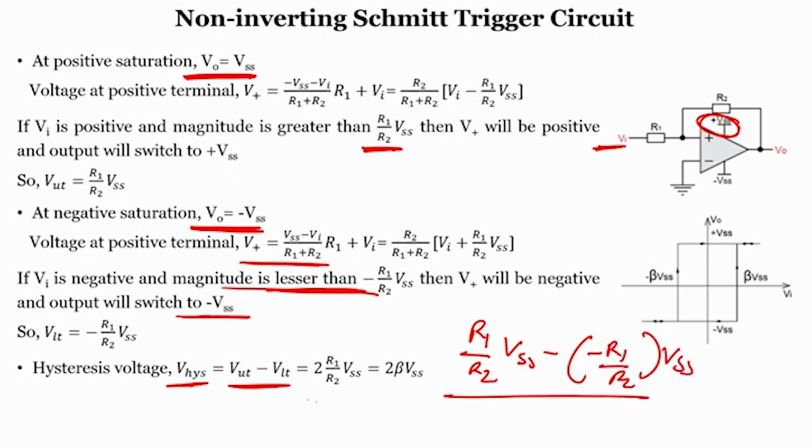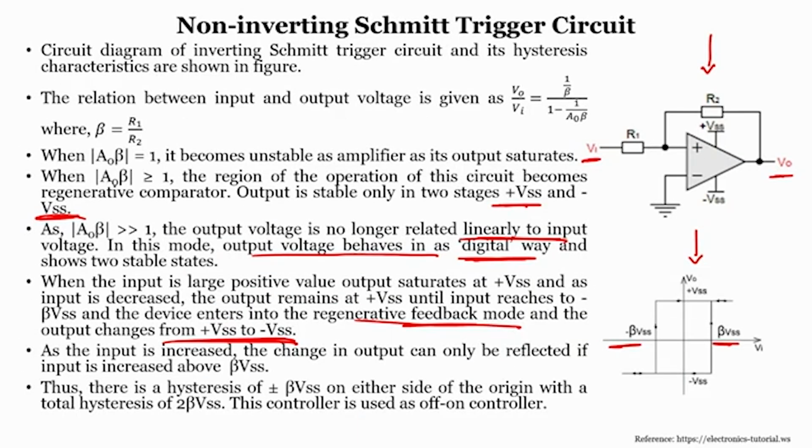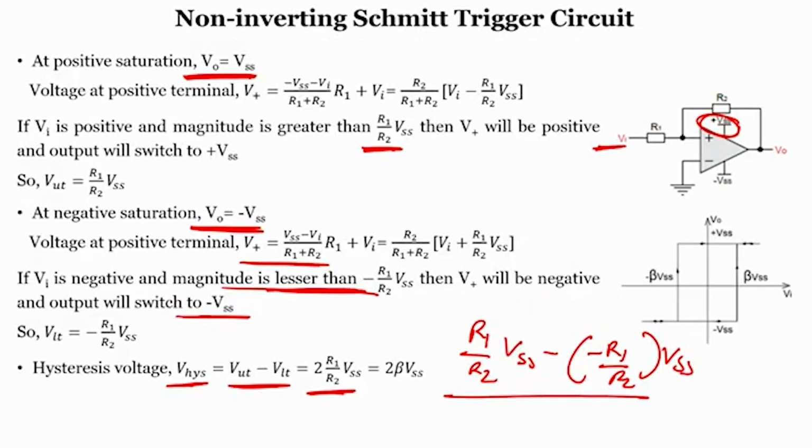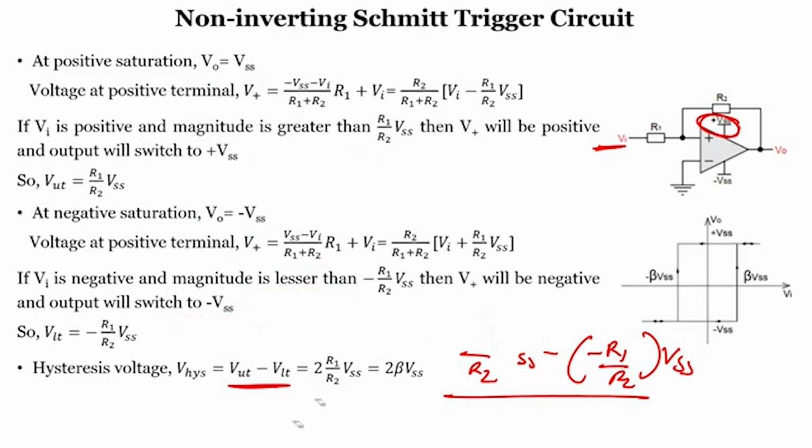This will be nothing but plus 2 times R1 by R2 into VSS, and what is R1 by R2? R1 by R2 is our beta. So, 2 times beta VSS, right. This is what we call the total hysteresis of 2 times beta VSS, right. So, this is how your non-inverting Schmitt trigger circuit works, right.